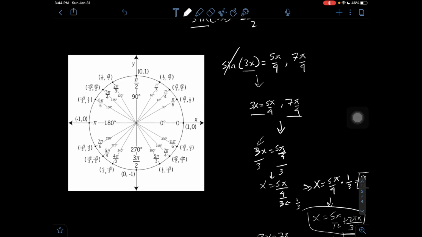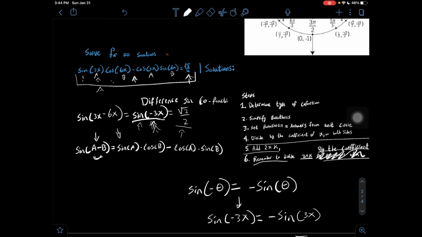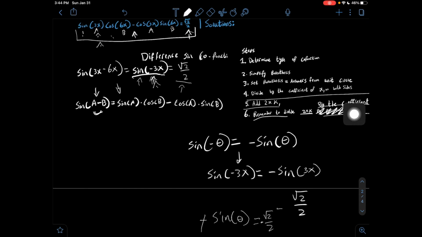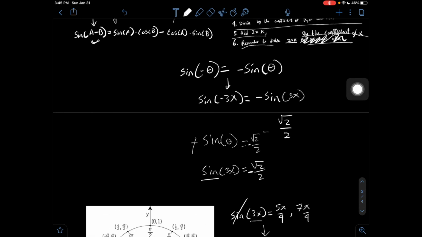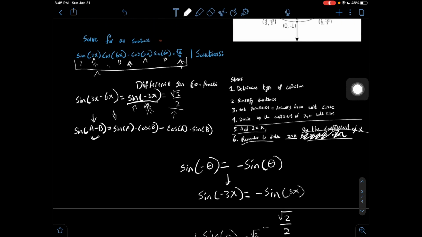So for the question that says sine of 3x cosine of 6x minus cosine of 3x sine of 6x equals the square root of 2 over 2, and we're trying to find the solutions, the solutions we found were x equals 5 pi over 12 plus 2 pi k. Let's write that down up here. So x equals 5 pi over 12 plus 2 pi k.